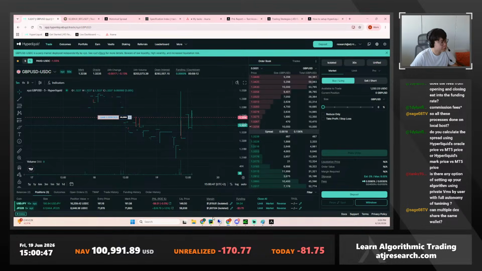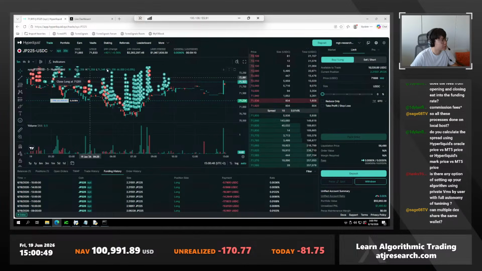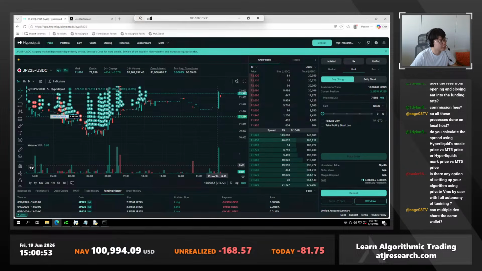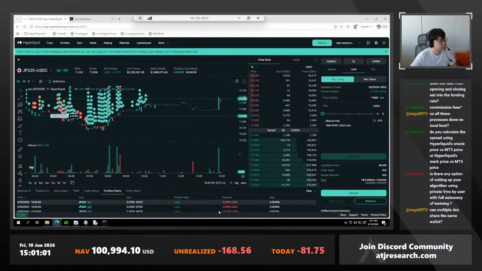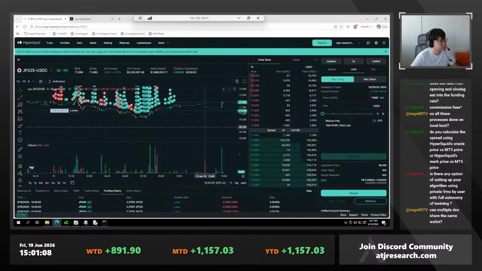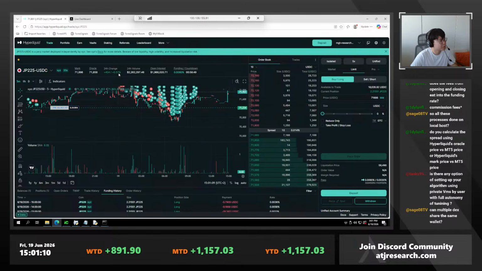So again, we got one funding rate charge. I need to check JP225. Oh no. Right now we see that we had a very big uptick, price going up, that increased the funding rate. In the last funding rate, we lost $5 again. It's kind of painful to trade JP225 right now because the Oracle price is not looking great.